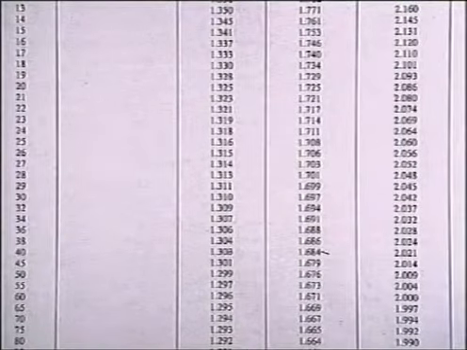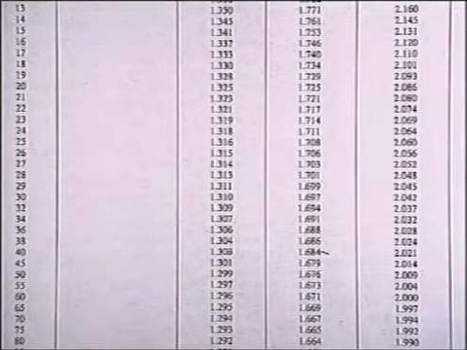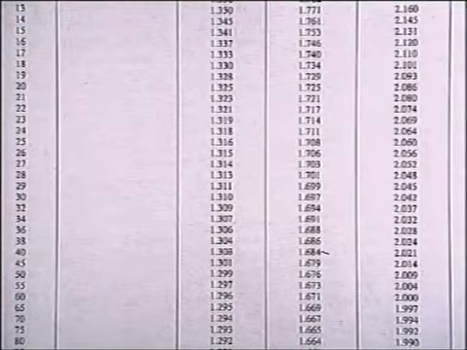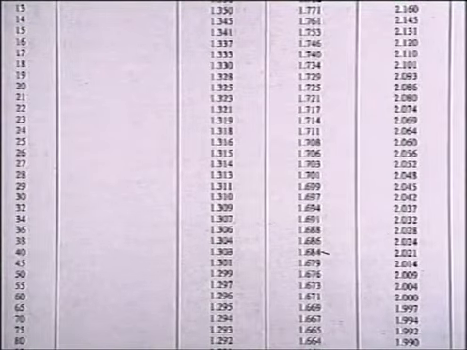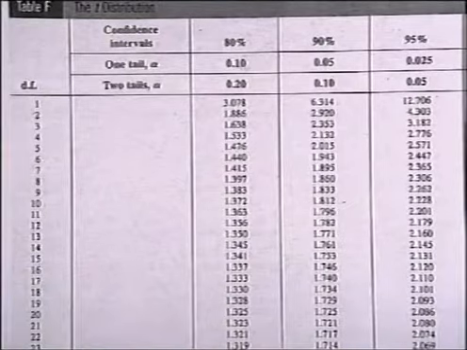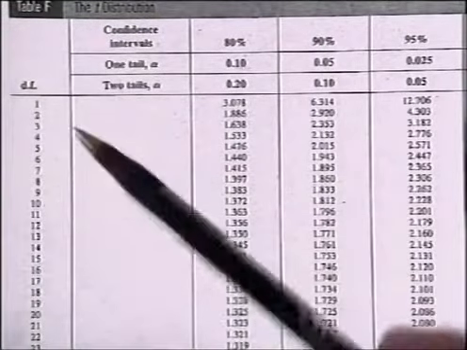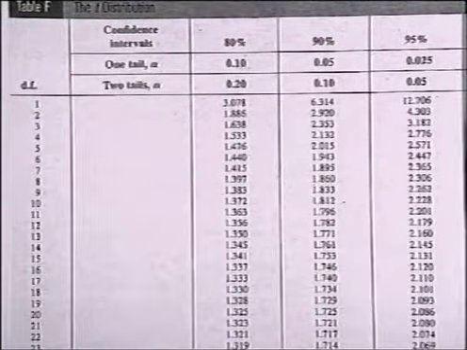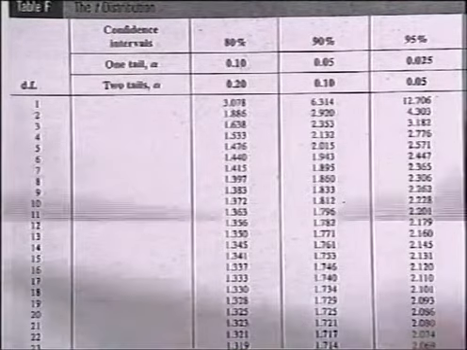Going through, we have to figure out what level we're testing at and what your degrees of freedom are. Let's go back to the top of the table. Okay, there it is. Going to the top of the table, once we figure out the sample size, the sample size minus 1 gives us a row, the DF.